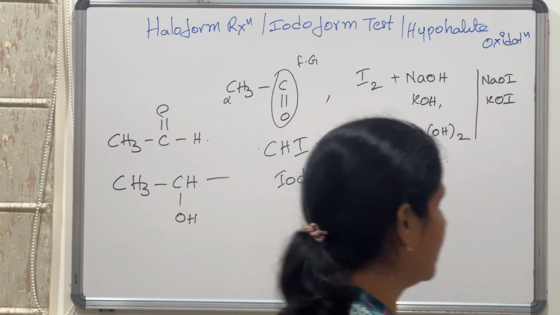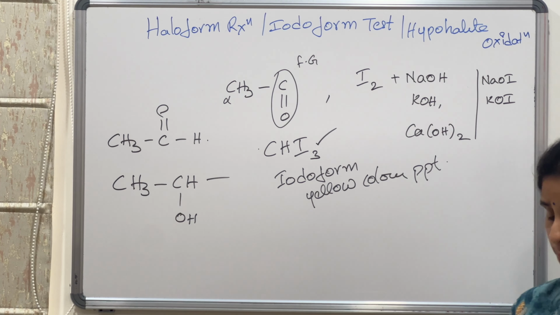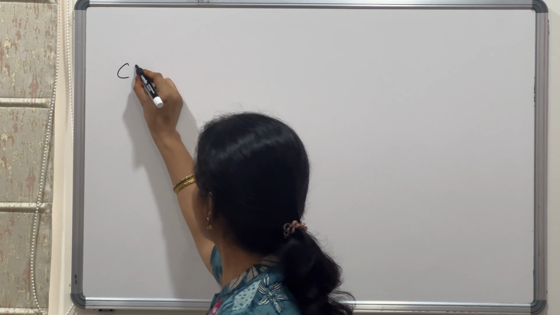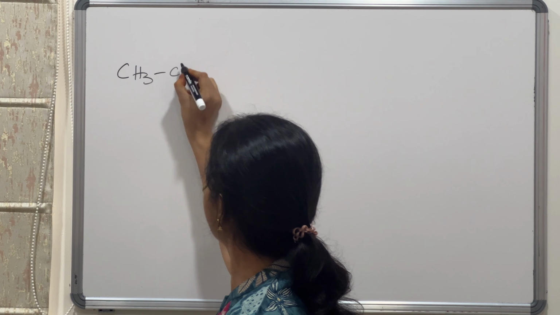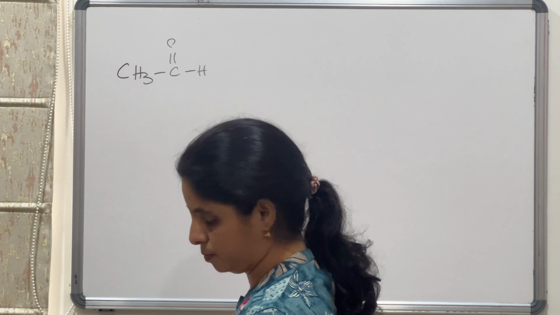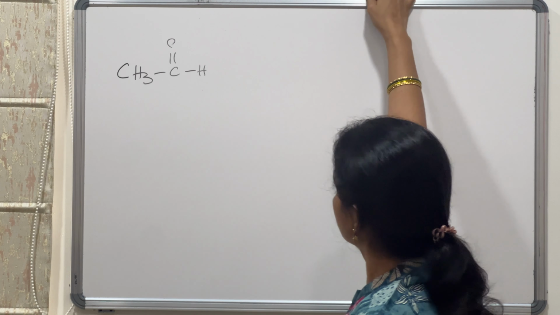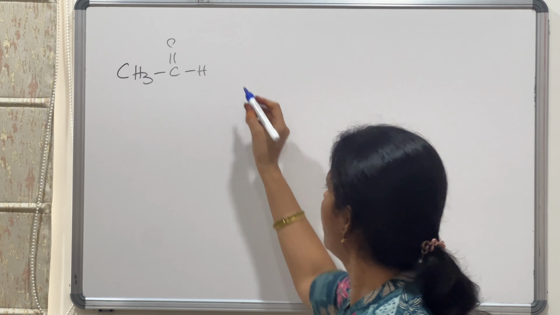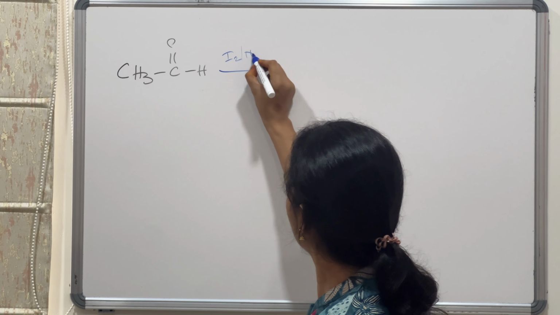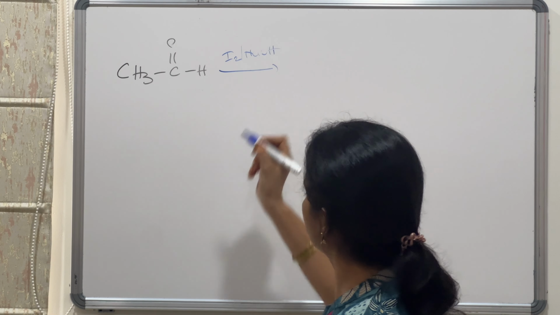I'll tell you in a simple way how to write the product. For example, let us take CH3CHO, acetaldehyde, and you are given iodine and NaOH.